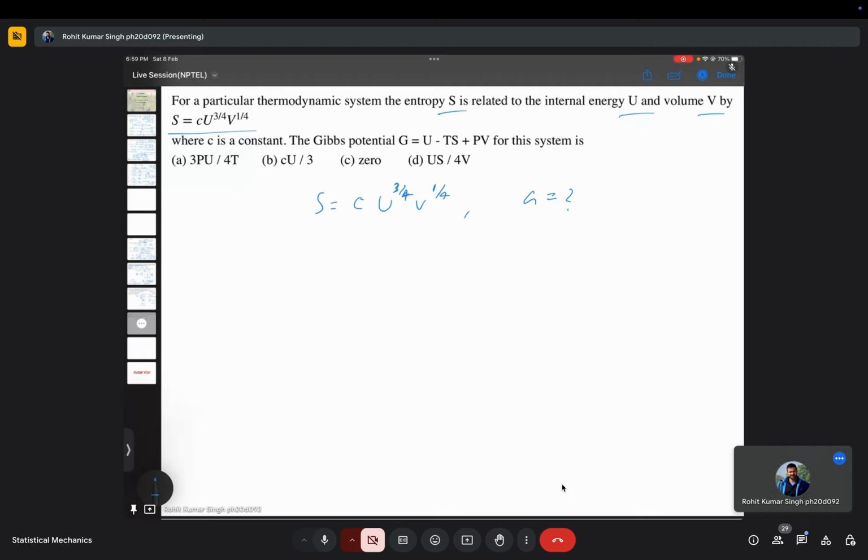We have to find temperature, because the expression for temperature is not given, and we have to find the expression for pressure. So any idea, anyone? How do we proceed?